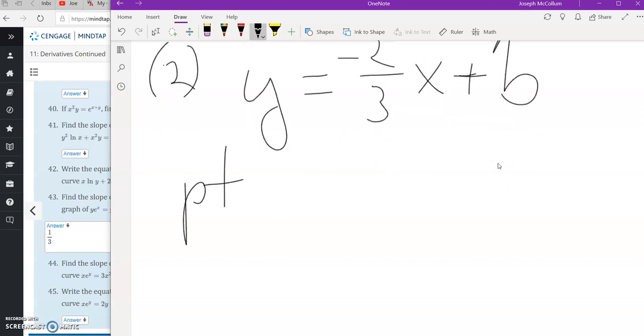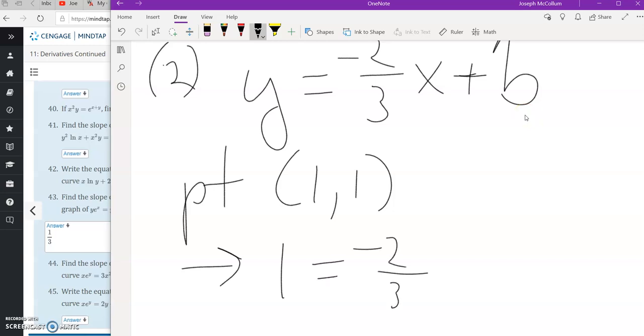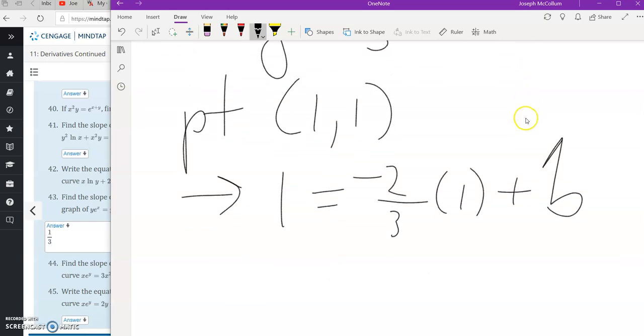Well, the good news, they gave it to us, right? They gave us the point 1, 1 to use. So I'm now going to plug 1, 1 in for x and y and solve for b. So when I plug in 1 for y and 1 for x, I get this following equation to solve.